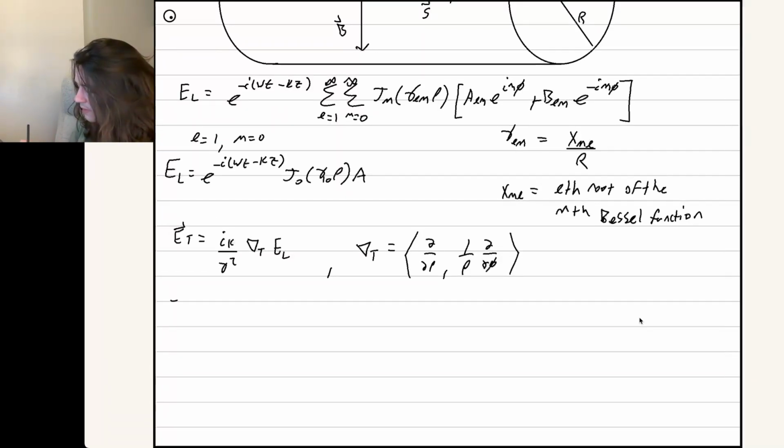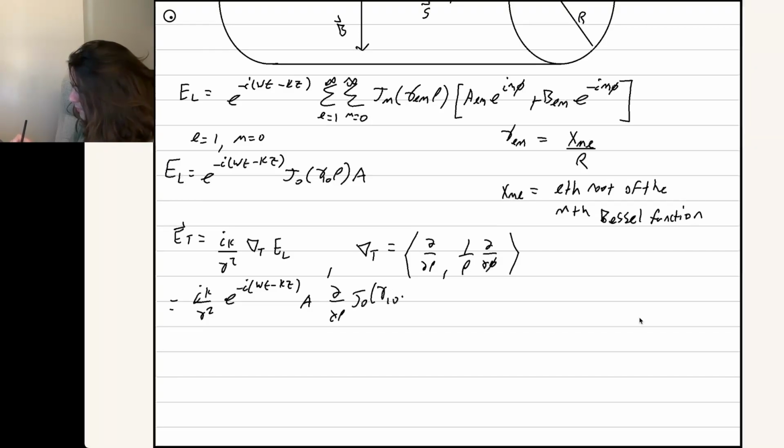So that's going to look like ik over gamma squared e to the minus i omega t minus kz, you have your constant a, then you're doing the rho derivative of the 0th Bessel function of gamma 1,0 rho. That's a derivative that has a known form. It's also going to be in the rho hat direction, so I might as well specify it now.